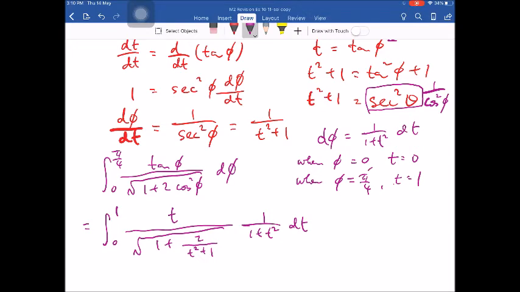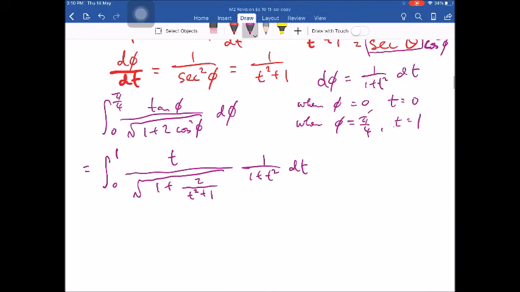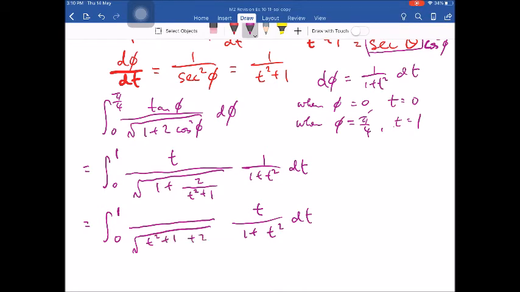I now change all of them, and then I think I can do it soon because it changed all to t, dt. Here I do something: this one I change to t squared plus 1, plus 2 over t squared plus 1.